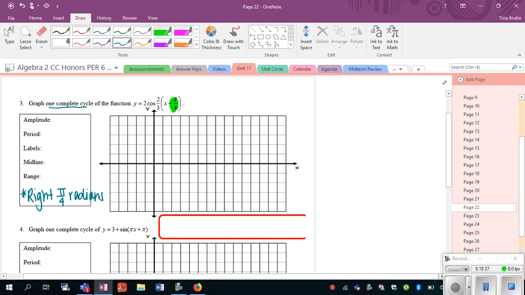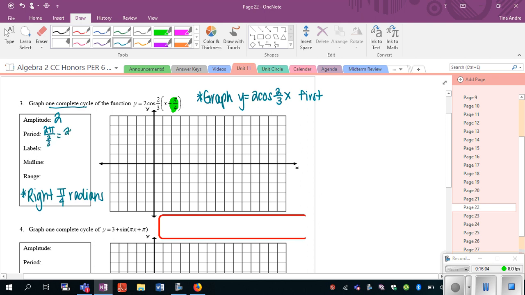And then my helper graph is going to be y equals 2 cosine 2/3 x first. So the amplitude of this is going to be 2. The period is 2 pi divided by the b value. So our b value is 2/3.